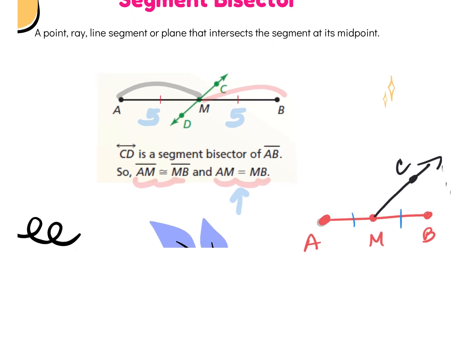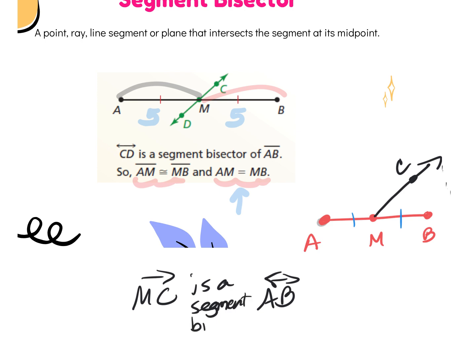Now I could state that MC is a segment bisector of, and it's not the line, it's the segment.